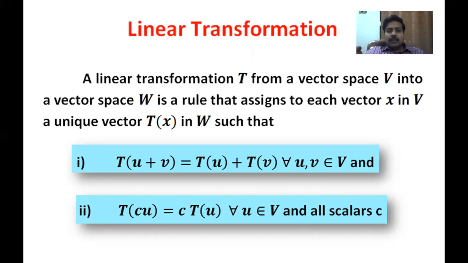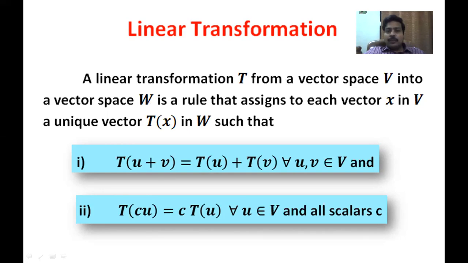This is the definition of linear transformation. So a linear transformation T is a function from one vector space V to another vector space W. So it is a function between two vector spaces. One is named V and the second one is named W.